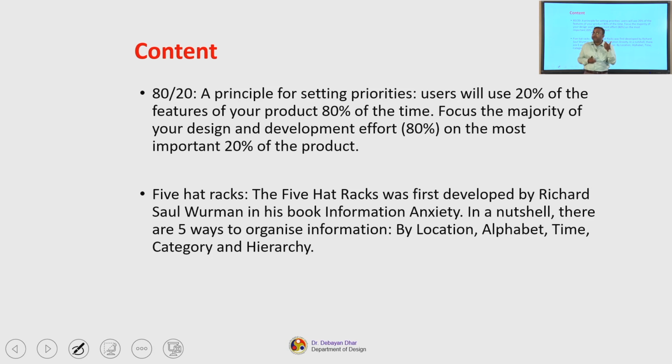Remember, we are talking about content. The next one is the 5 hat racks. This is very interesting. The 5 hat racks was first developed by Richard Saul Wurman in his book Information Anxiety.